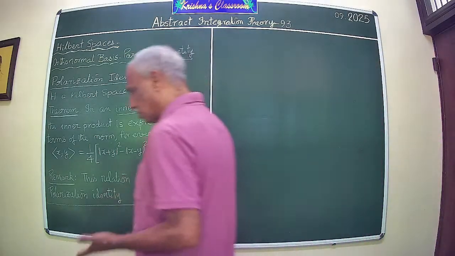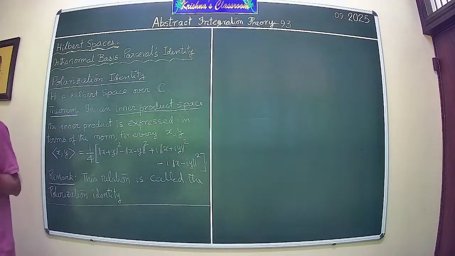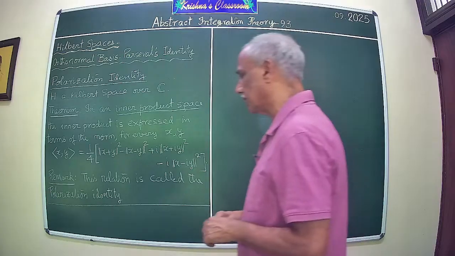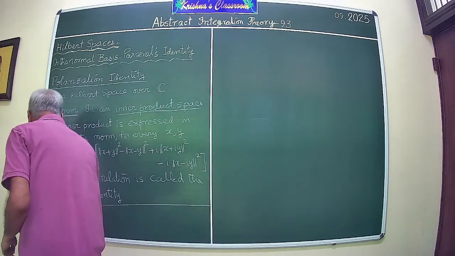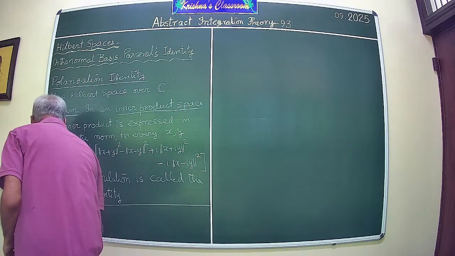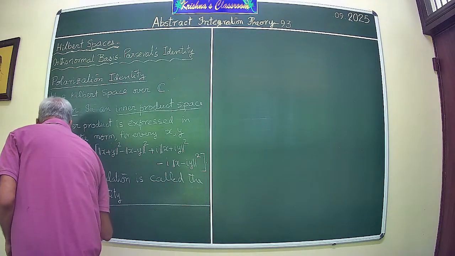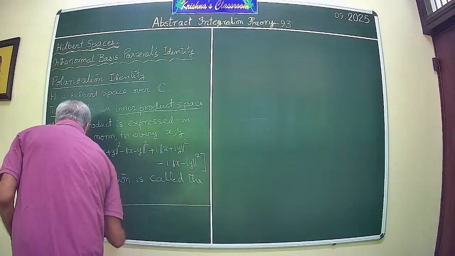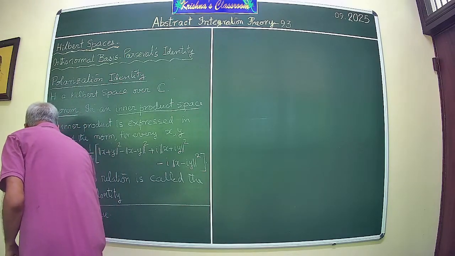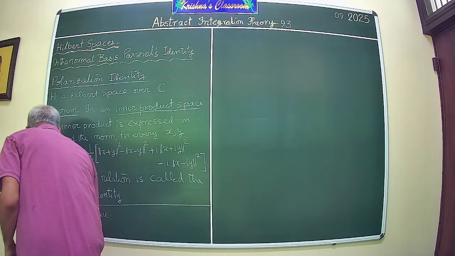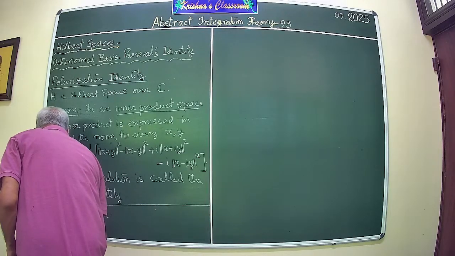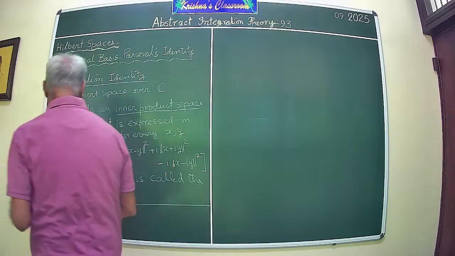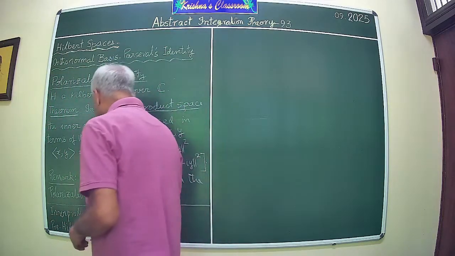Okay, let us recall something that we have already. If you recollect, we had two terms. One is, of course, inner product space. The other one is what is called a pre-Hilbert space. Now, what is an inner product space?